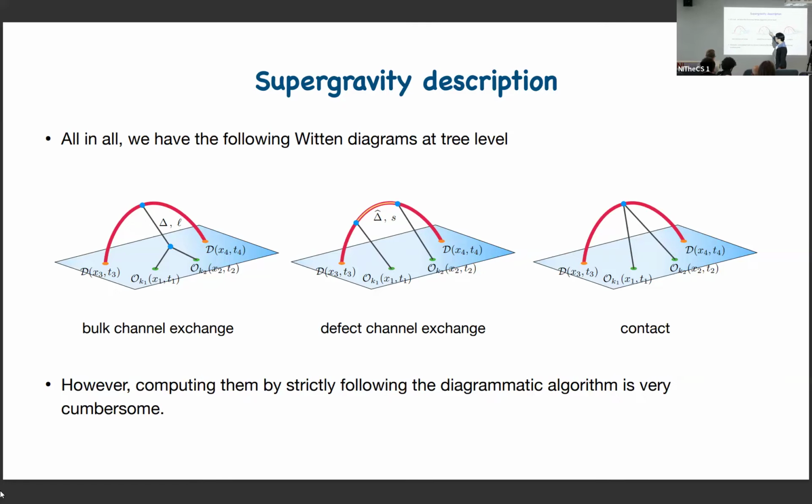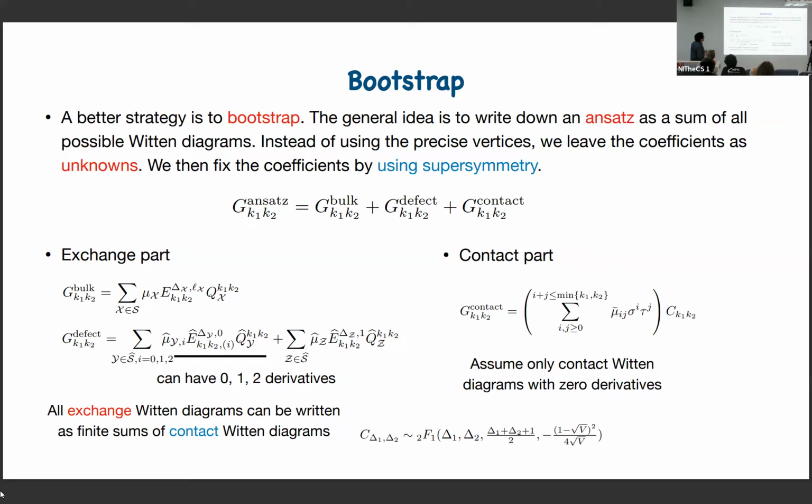Okay, so we want to do the bootstrap, and the algorithm is actually exactly the same as how we did it yesterday. More precisely, the potential space method, if you remember. So the idea is to start with an ansatz, like you pick 2 KK levels, k1 and k2, and then you write an ansatz in terms of all the possible diagrams that can appear.